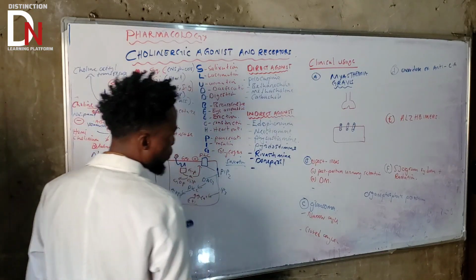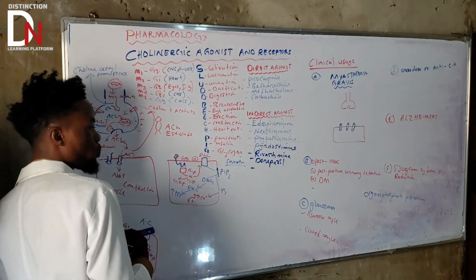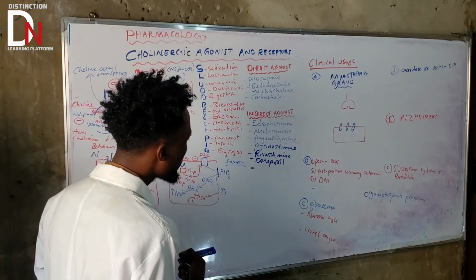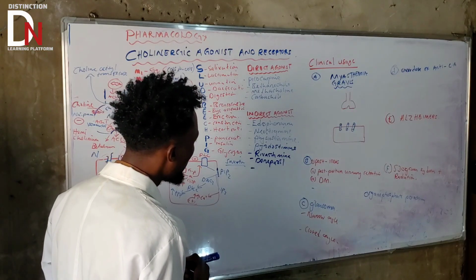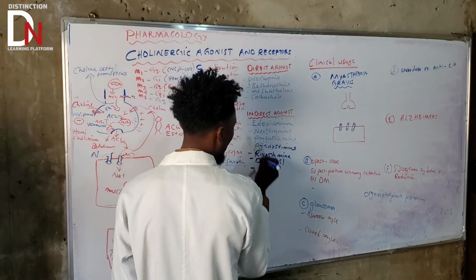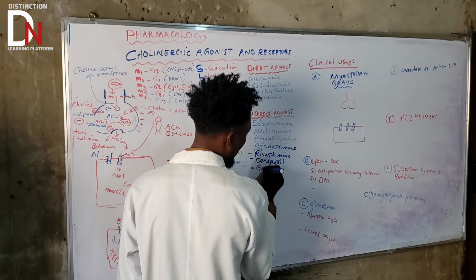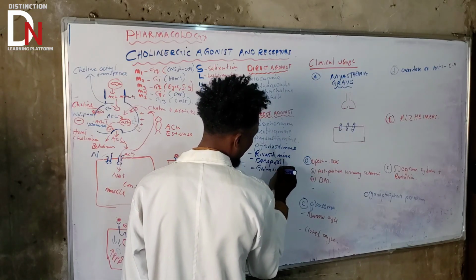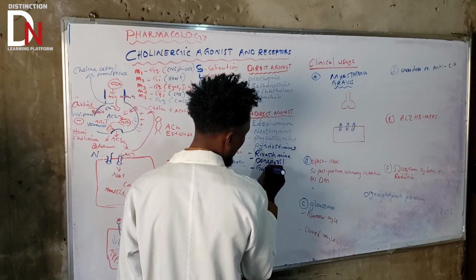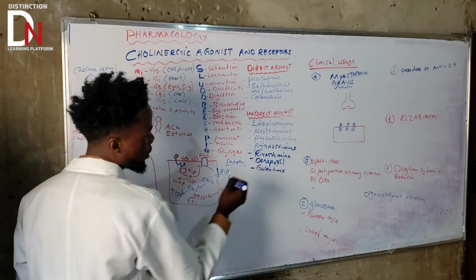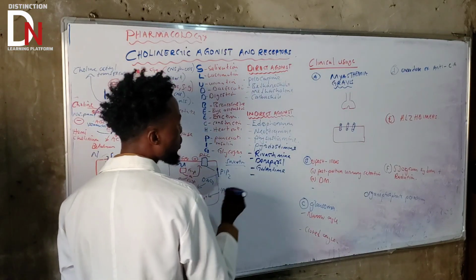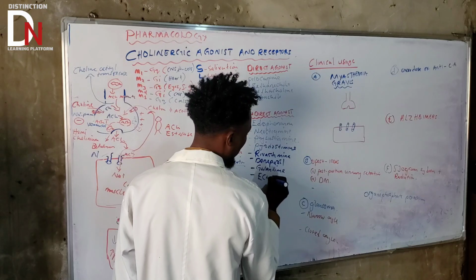What is the other one? A very, very important one: galantamine. What is the other one? Echothiophate.